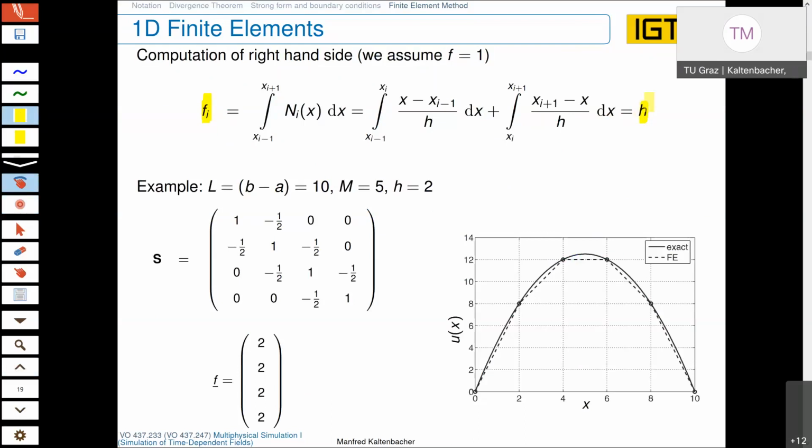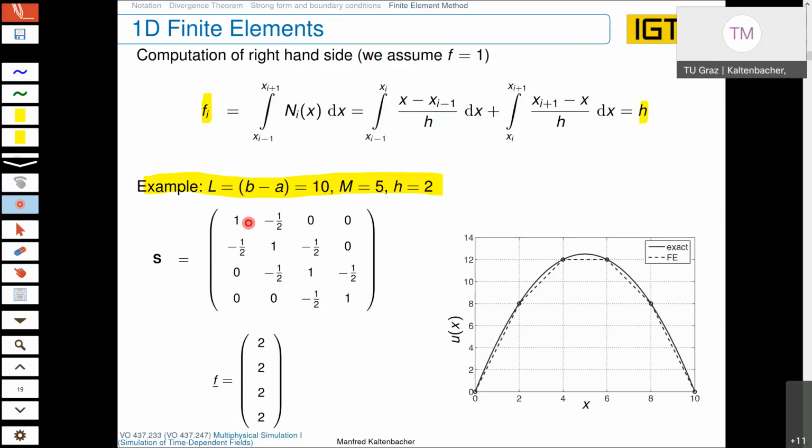If you explicitly compute the entries, we need some values. Let's say the computational domain has a length of 10. We subdivide it into 5 elements, which means each finite element has a length of 2. Let's say this is meters or centimeters, whatever you use.